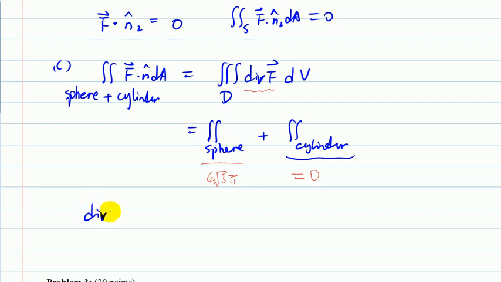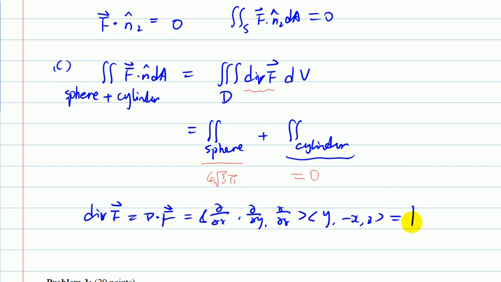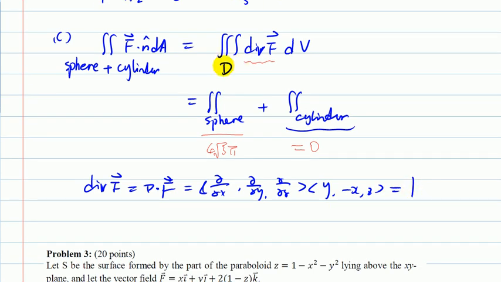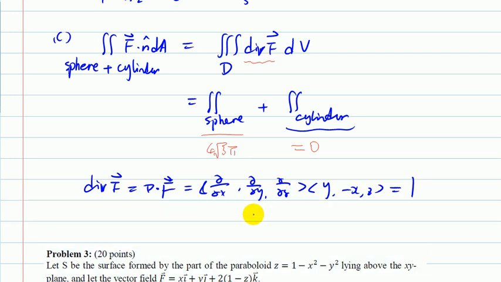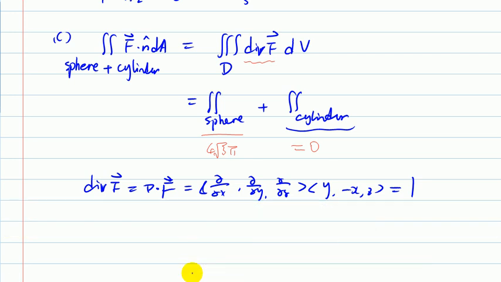Divergence F is essentially just del dot F. If you do that, and F is (y, negative x, z), you will see it's 1. So this term over here turned out to be the volume of this region enclosed by the sphere and the cylinder.